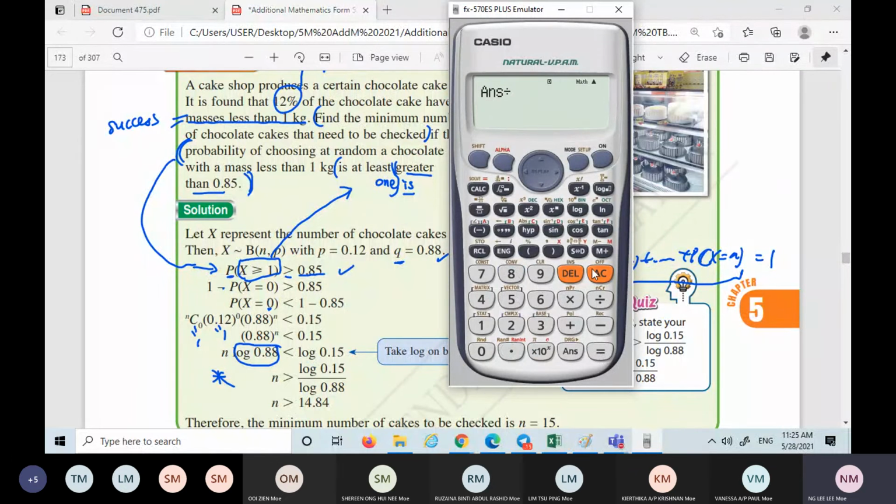Can you see? Negative. Therefore, when this number moves to the other side, the direction of the sign has to change. Then you just press the calculator, you will get this.